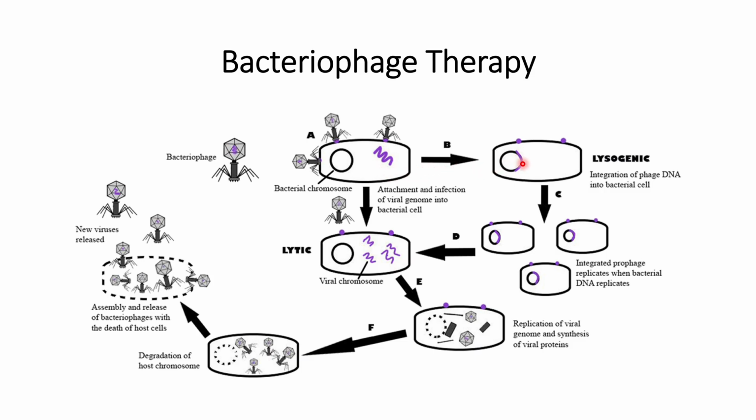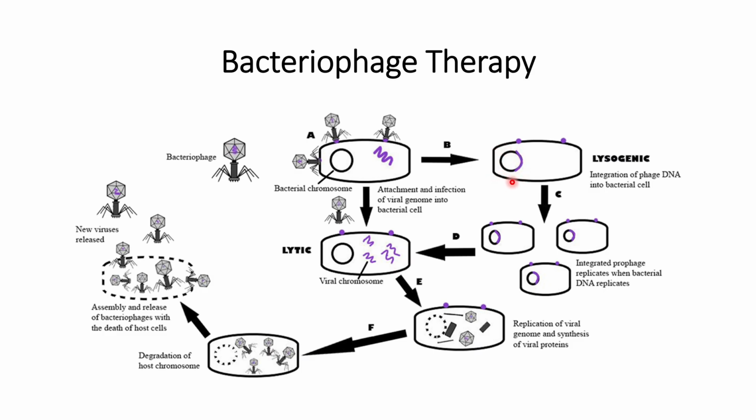Then there can be two ways by which the replication of this injected gene occurs. The first one is the lysogenic phase, in which the integration of the DNA is done to the host DNA.